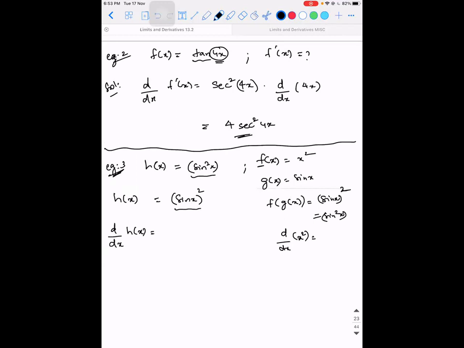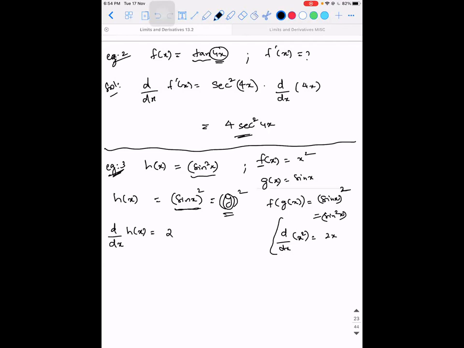What is the derivative of x square? 2x, sir. Now here you don't have x square, rather you have sine x whole square. If I call that sine x as some y, it is of the form y square.